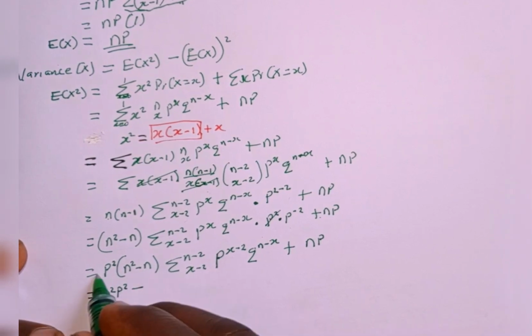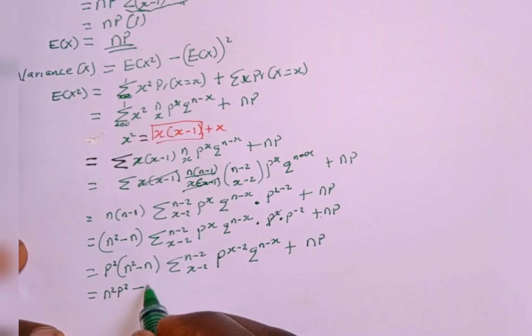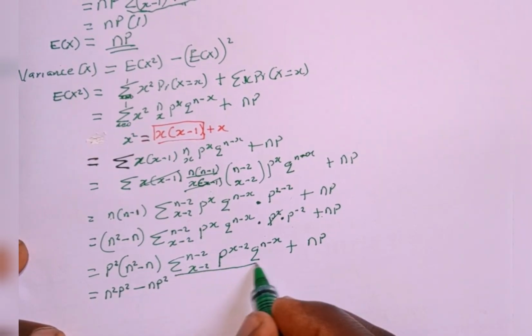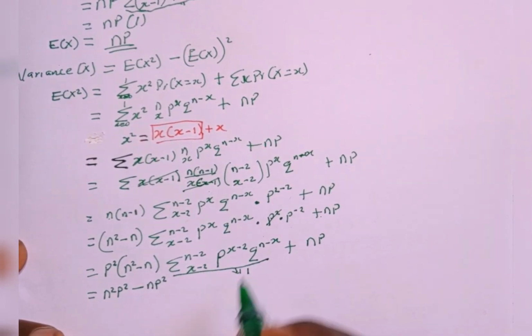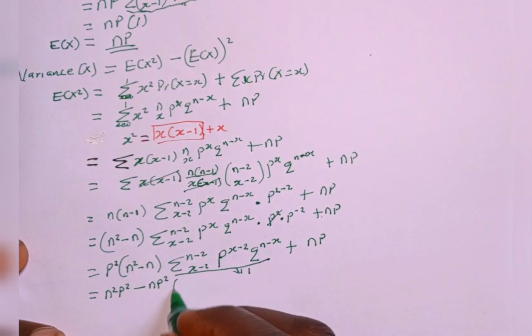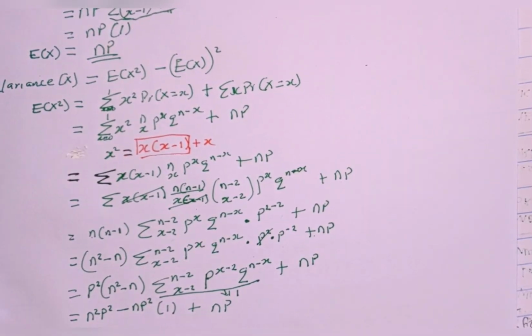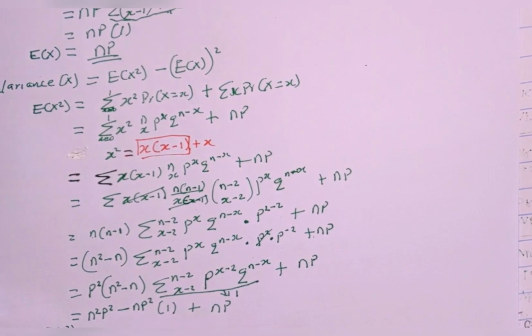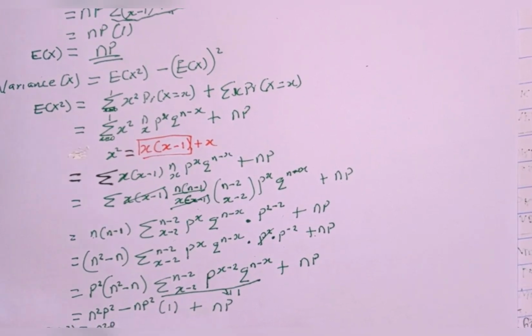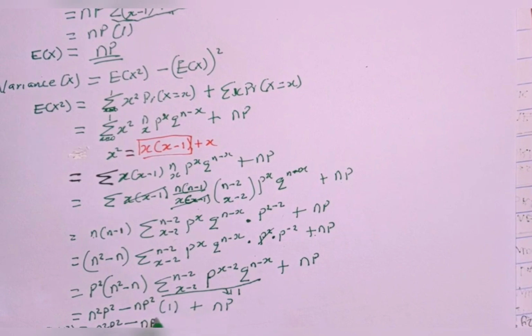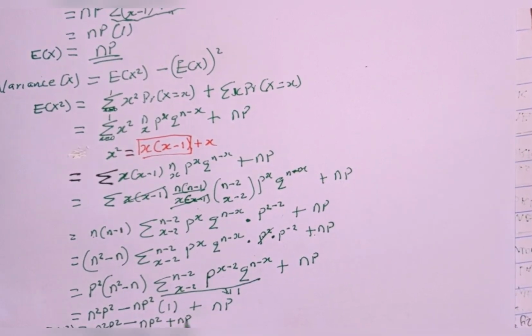Then minus n multiplied by p squared is the same as what? Minus n p squared. And the sum of all this probability is the same as 1. So everything here is equal to 1. So we multiply it by 1 plus this plus np. So therefore, expected value of x squared is the same as what? N squared p squared minus np squared plus np.